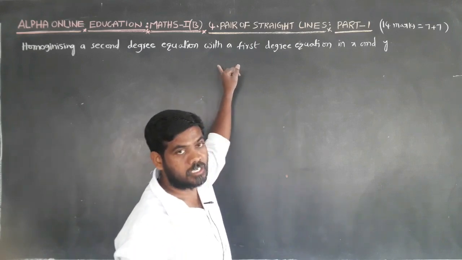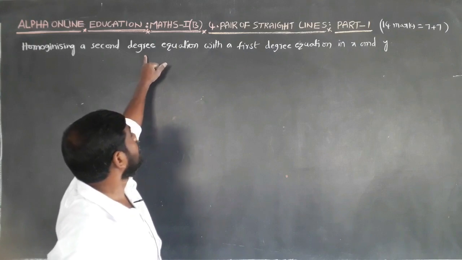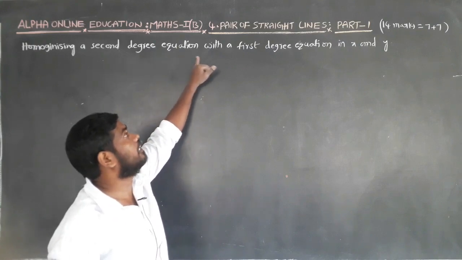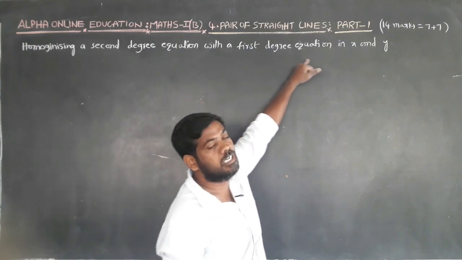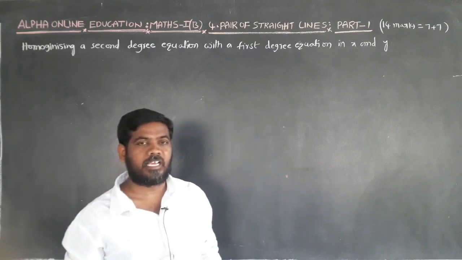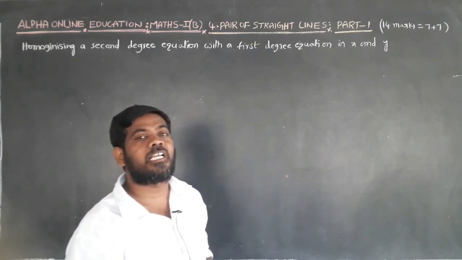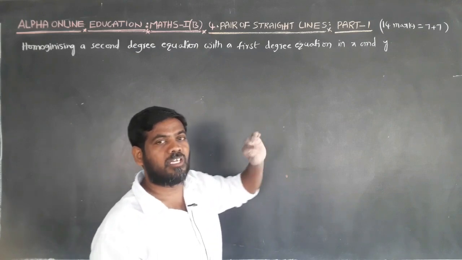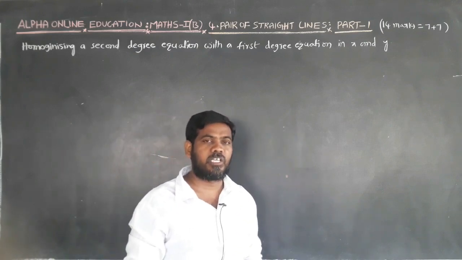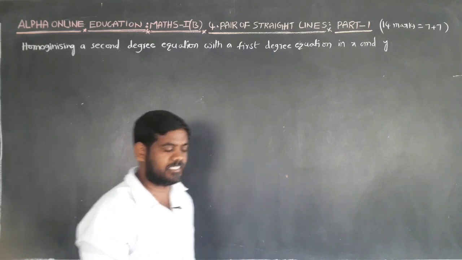Exercise 4C: homogenizing a second degree equation with the help of a first degree equation in x and y.